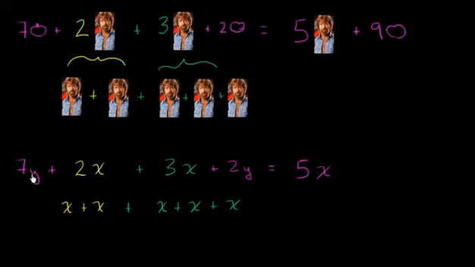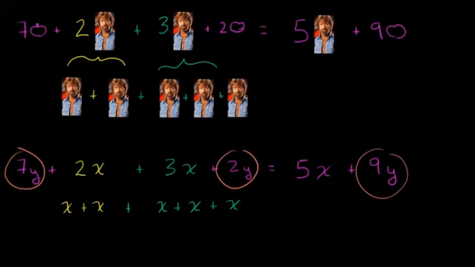If I have 7 y's, and to that I add 2 y's, I'm going to have 9 y's. If I have 7 of something and I add 2 of something, I now have 9 of that something. You add the x's, you get 5x right over there. So hopefully that makes a little sense.